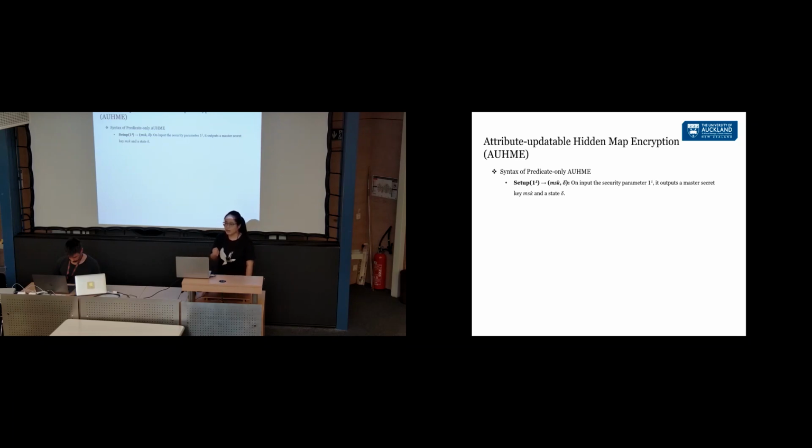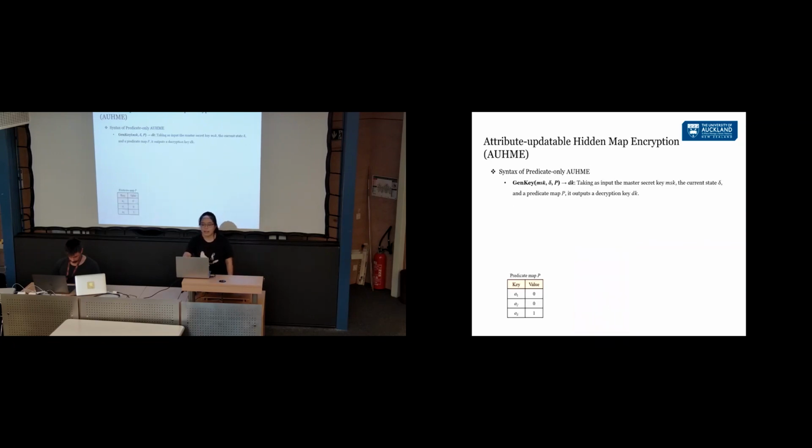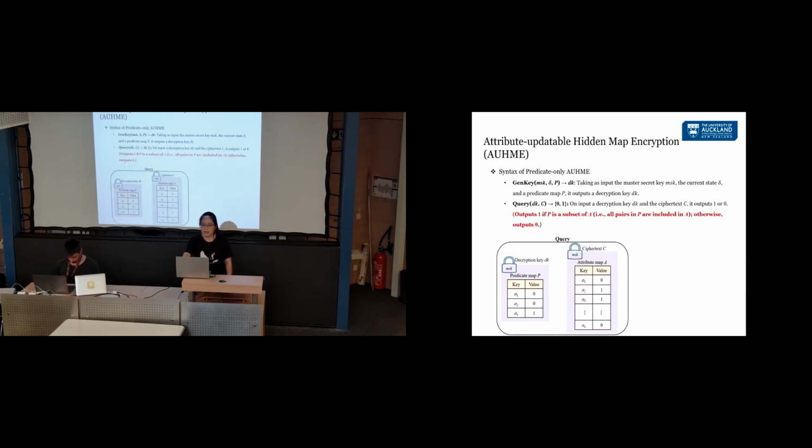The setup algorithm of AUHME generates a master secret key and a state. Then it can encrypt an attribute map to a ciphertext C. In our work, an attribute map can be considered as a set of key-value pairs where every key can be an arbitrary string and every value can be only 0 or 1. Given a predicate map P, AUHME can generate a decryption key from P and run the query procedure.